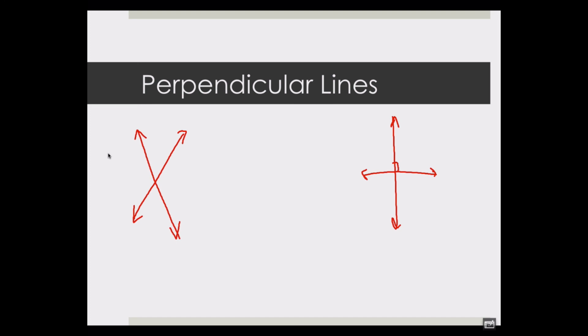Yes. Okay, so perpendicular lines are lines that intersect to form right angles. How many right angles are up there, Megan? 4. But you only marked one.